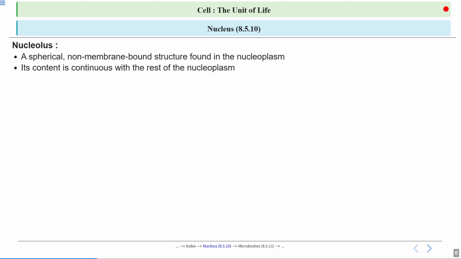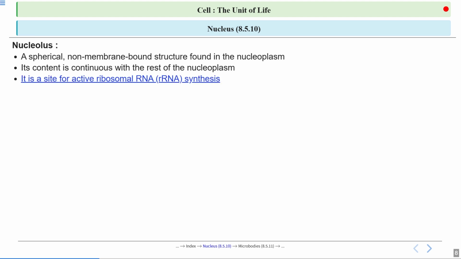So nucleolus is just a region present within the nucleoplasm. It doesn't have any boundaries. So it is very similar to the nucleoid. There is no boundary of the nucleoid region in the prokaryotes.